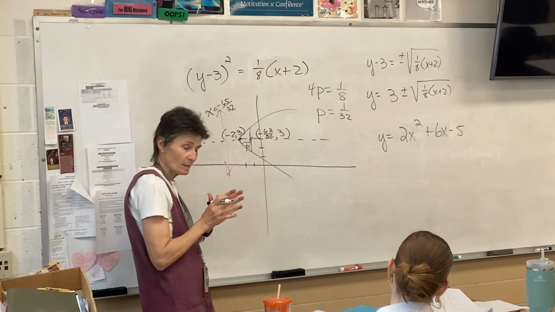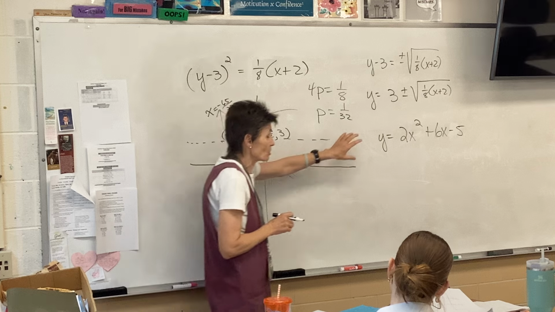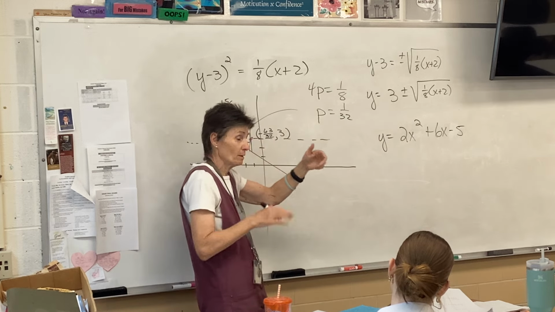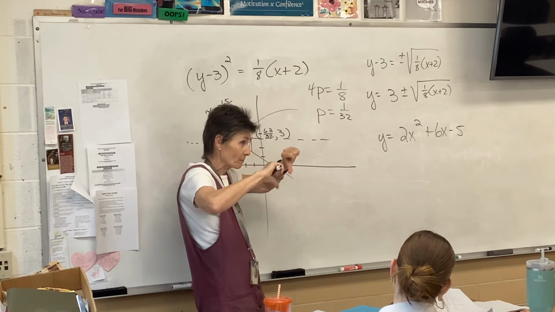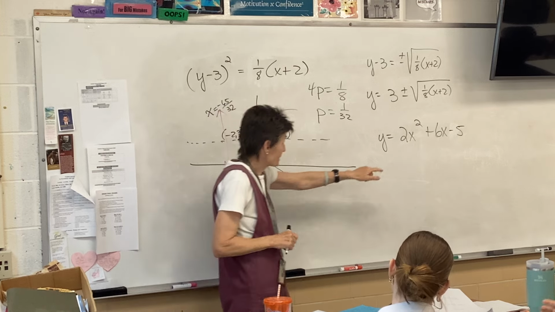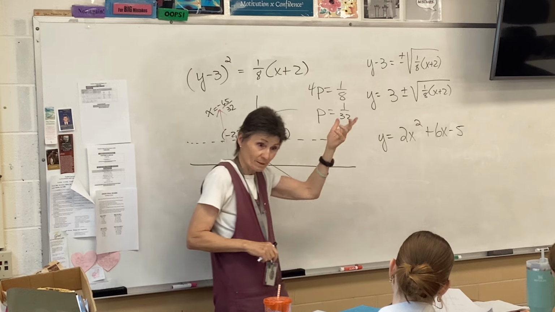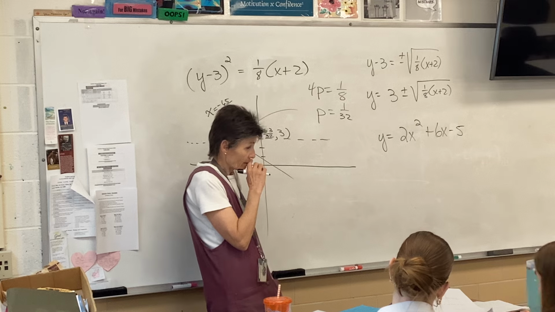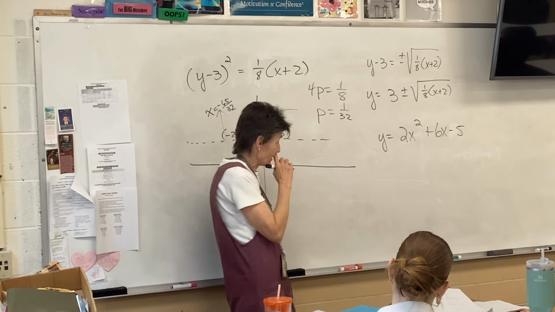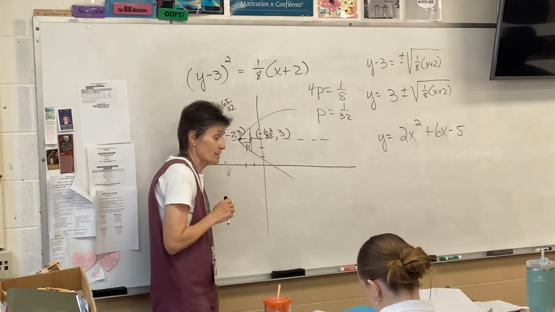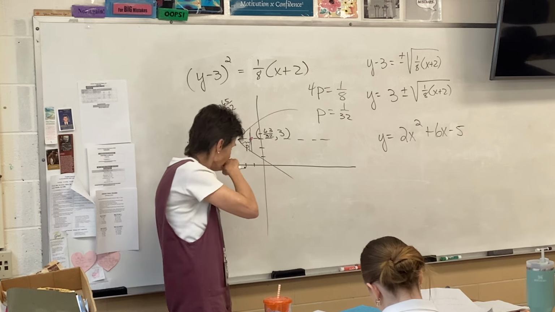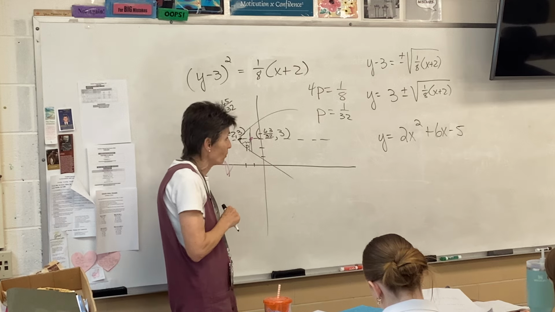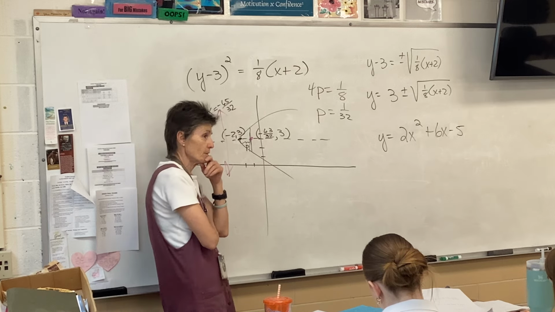But in a parabola, only one is squared. So this is a parabola. Furthermore, it's an x squared parabola, which means it's going to open up or down. And since that number's positive, it's going to open up. All right. So your job now is to find the vertex, focus, directrix, focal width. Find it all, just like we did before. Got a couple different strategies.